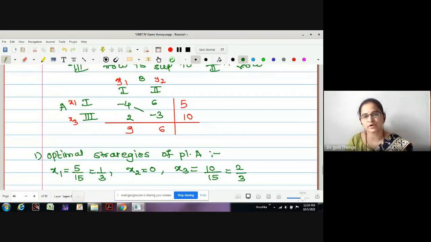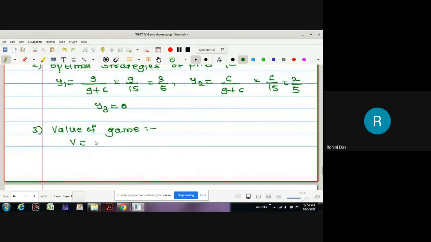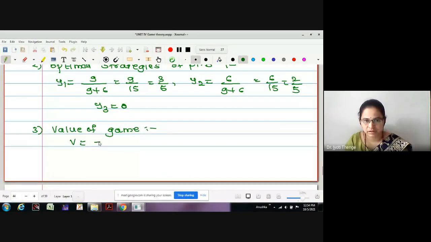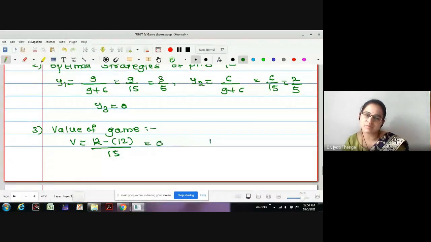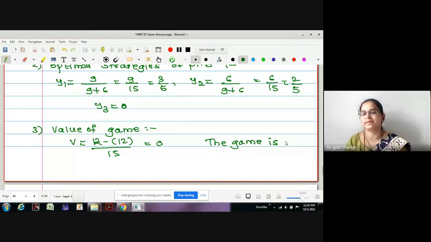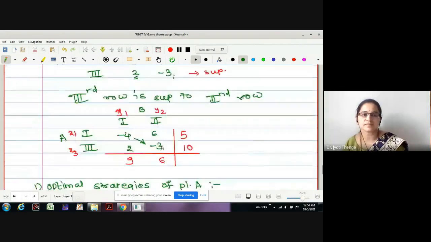Determinant value: -4 into -3 plus 12, minus 12, upon 15, which is 0. So the game is a fair game, no? There is no loss, no profit to any player. Whenever the value of the game is 0, we say the game is fair.